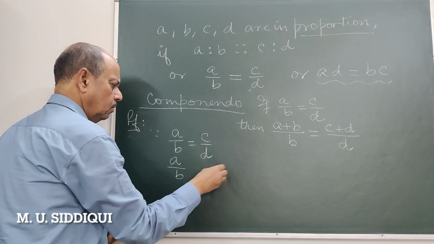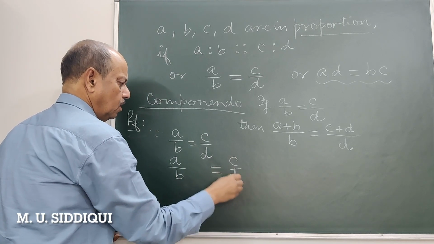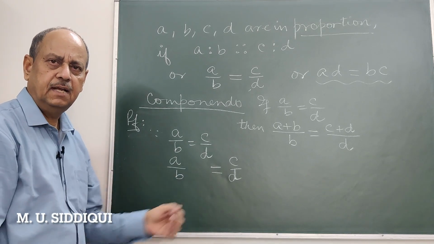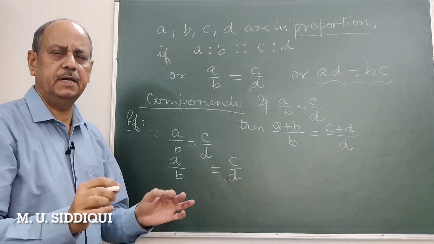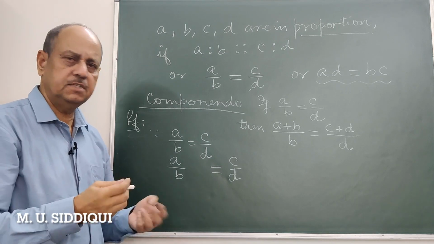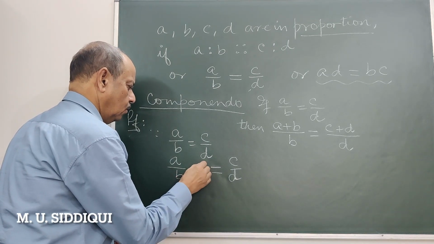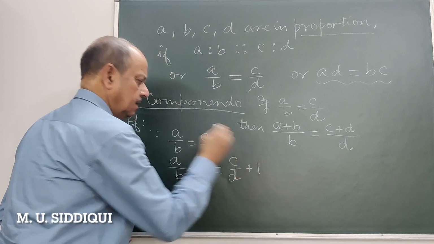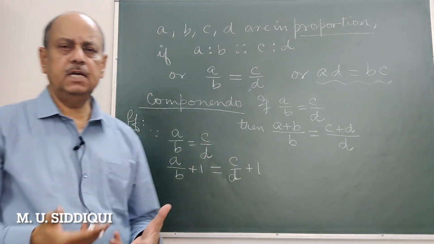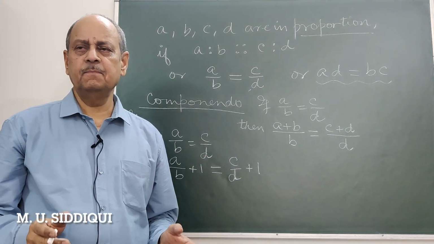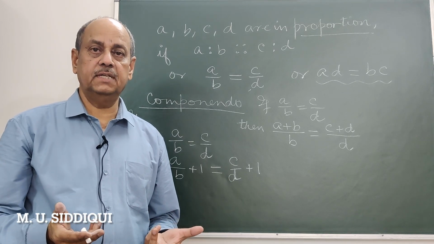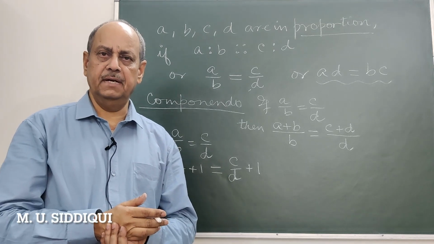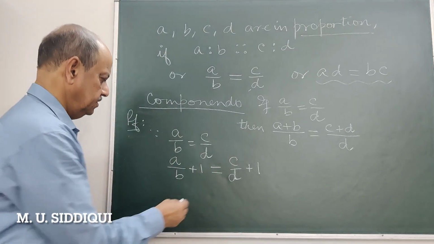So what we can do, this statement A upon B is equal to C upon D as it was, and simply you add equal quantities to both the sides. And what is that equal quantity? Simply add 1, because in a statement of equality or in an equation, if you add equal values on both the sides, it does not change the statement, it will remain true. And see what does it come to be.